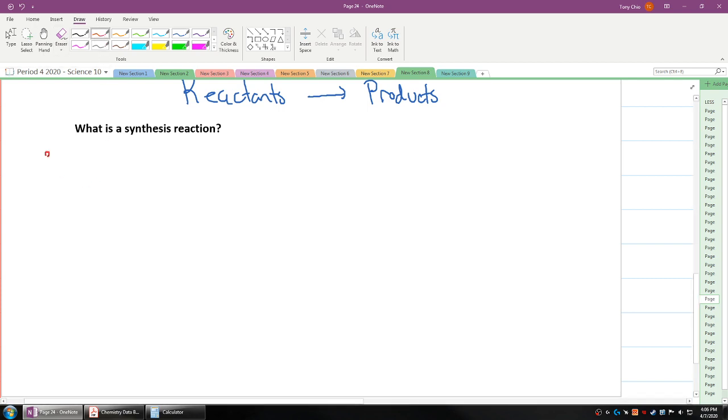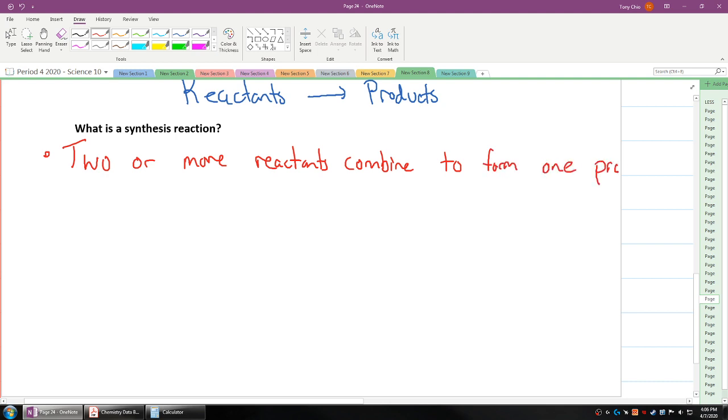A synthesis reaction is when 2 or more reactants combine to form one product. And usually it's 2 or more elements to form a compound.